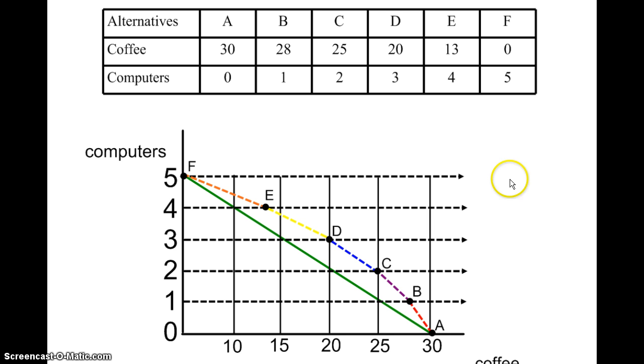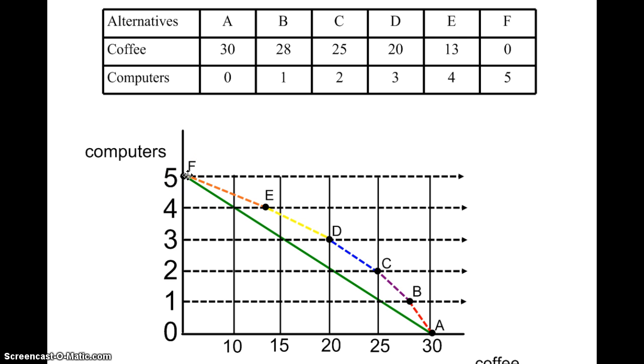Let's see how this works if we're starting at point F, where we have 5 computers and no coffee. And if we want to move from point F to point E, so if we want to add 13 units of coffee and give up 1 computer, we give up 1, we gain 13. Our opportunity cost is 1 over 13, which is also the slope, well, negative 1 over 13. All right, but let's say now that I told you we only want to have 1 unit of coffee.